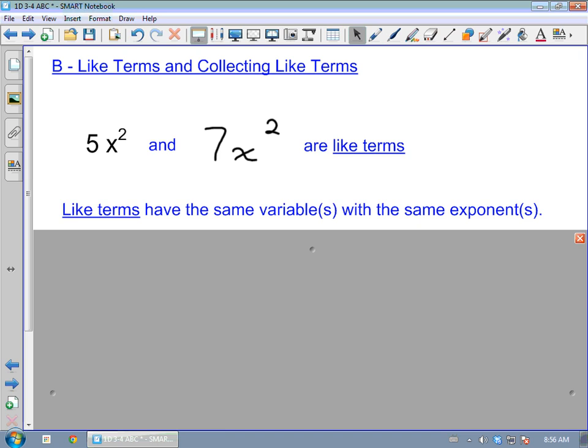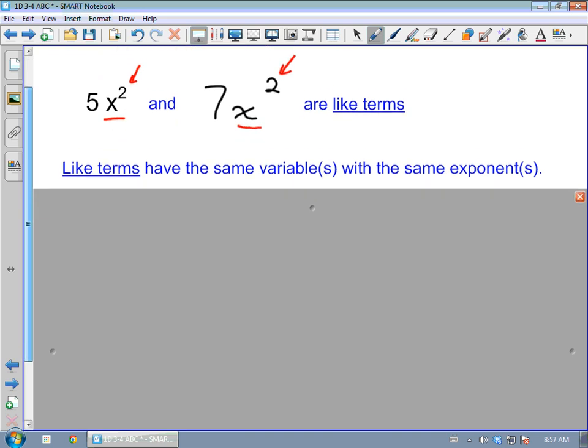So in this case, we have x and x as our variable, and the same exponents on those variables. So here we've got an exponent of 2, we've got an exponent of 2. So these two things are like terms. The coefficient doesn't matter. It doesn't matter what number we have out in front there. As long as the variable part and the exponent are the same, these things are going to be like terms.